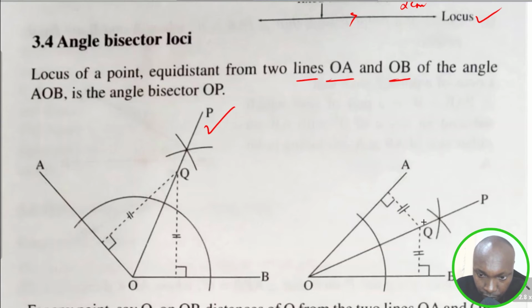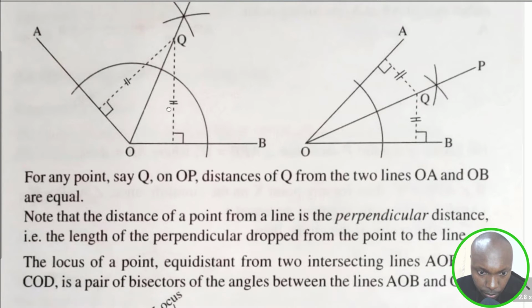So we also have another one here. This one is still the same thing. So we have OA and OB. So the locus of a point equidistant from these two lines is the angle bisector that is between the two sides. So that is the angle bisector locus. Then from there we can move to the other type of locus.